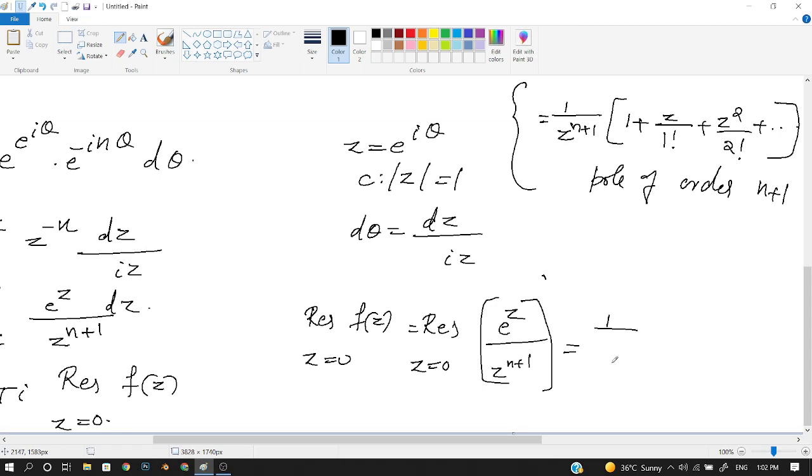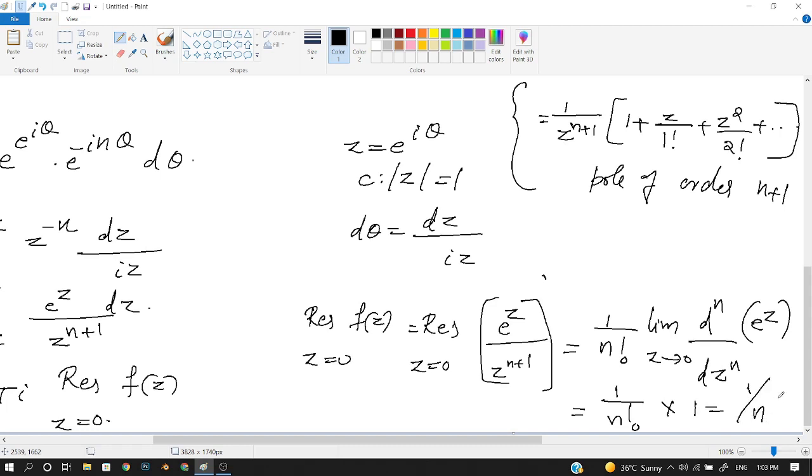So here we can use the formula for pole of order m plus 1. So 1 by m minus 1 factorial, that means n factorial, then limit z tends to 0, d raised to n by dz raised to n, then our function z raised to n plus 1 times e raised to z by z raised to n plus 1, that is cancelled. So that is equal to 1 by n factorial, then derivative is e raised to z itself. As z tends to 0, that value becomes e raised to 0, that is 1.